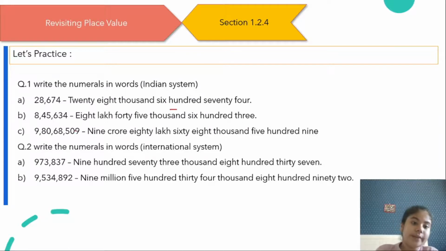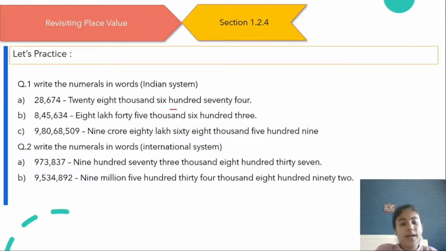And the last one in the Indian place value system is 9,80,68,509. I hope you understood how I am reading. And while I'm reading, I'm paying attention to the commas because they help me read easily and better.